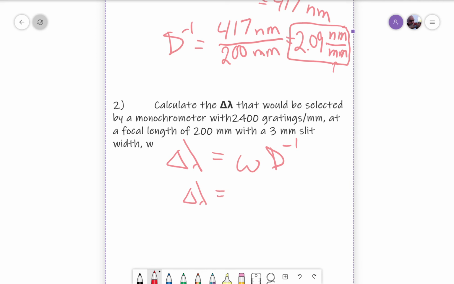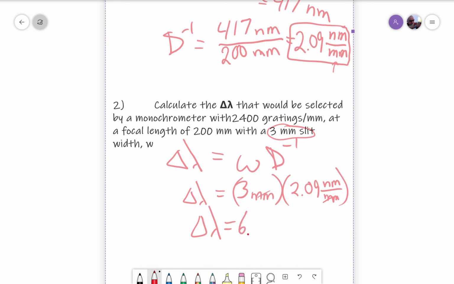The slit width is defined as 3 millimeters. This is 2.09 nanometers per millimeter. That cancels. The bandwidth getting through a 3 millimeter slit is going to be 6.27 nanometers.